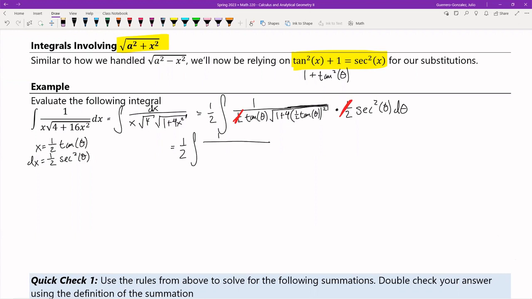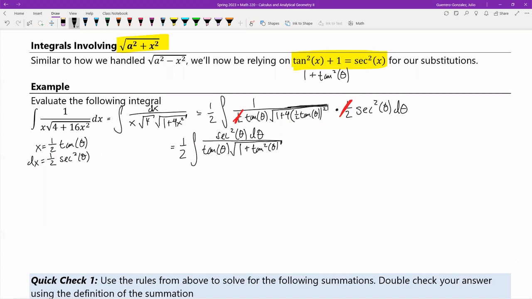1 over tangent theta times the square root. The thing in the square root reduces to 1 plus tangent squared theta. I'm going to get rid of the 1 and grab the secant squared theta d theta, throwing it on top.